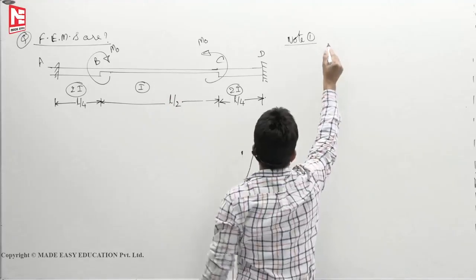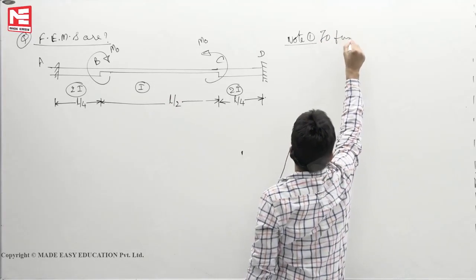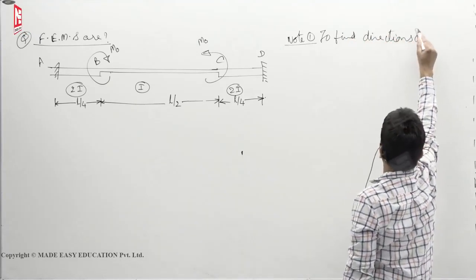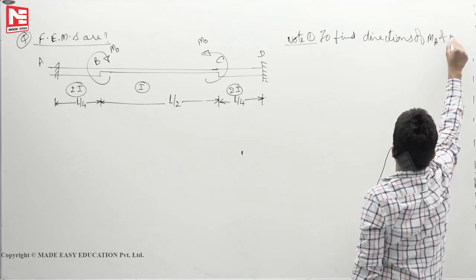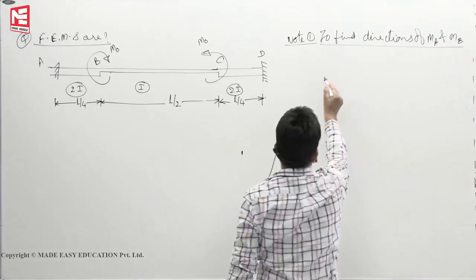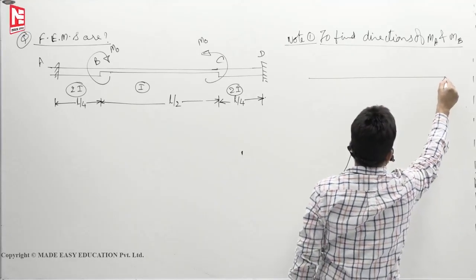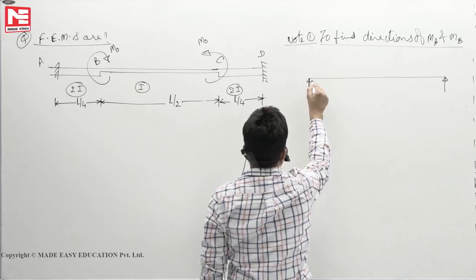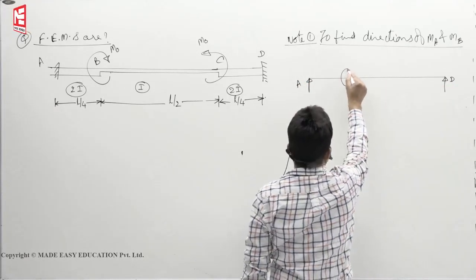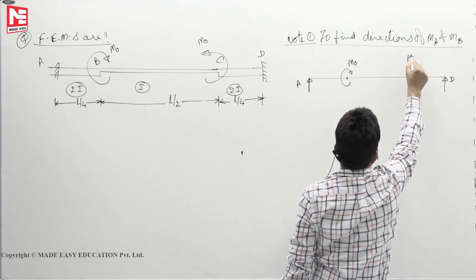To find the directions of MA and MB, first permit the slopes to happen. This is the beam, let us say. This point, let us say A, D. Here moment is M0, here moment is M0.